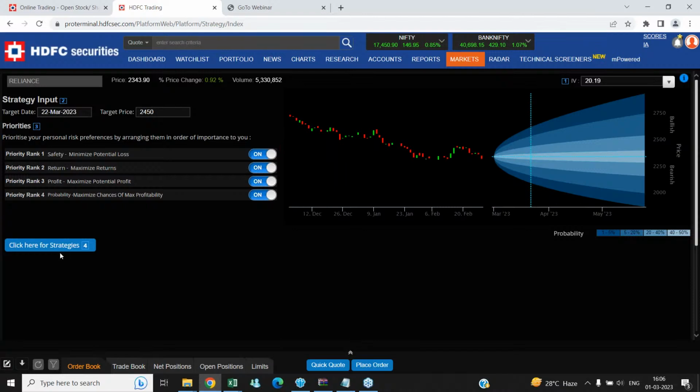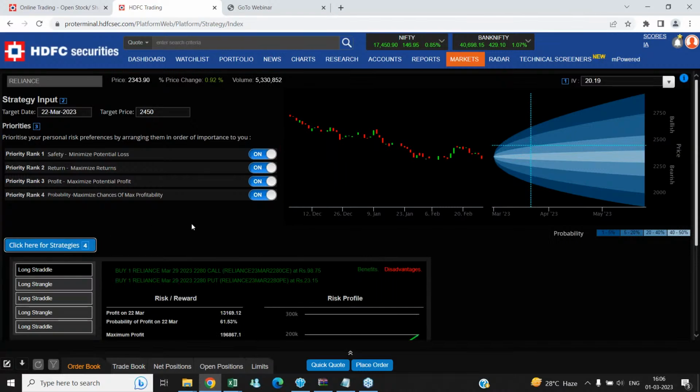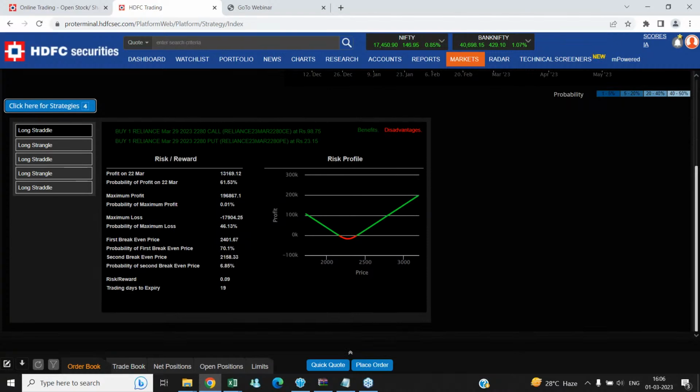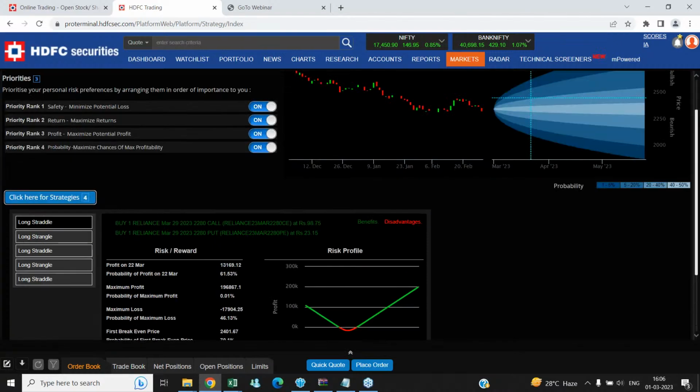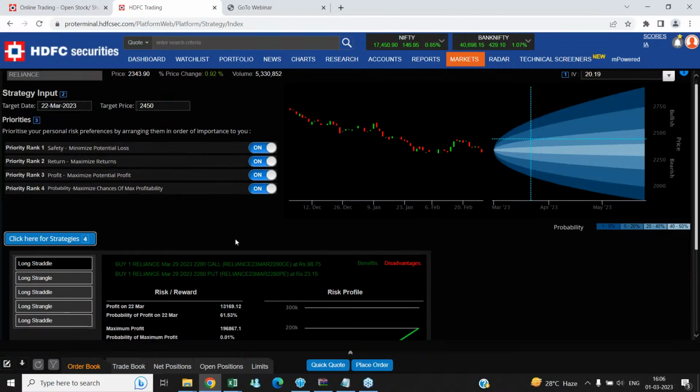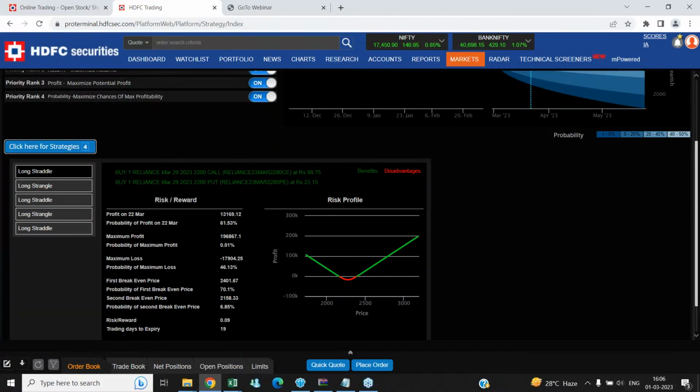Once I decide this and click on Strategies, it will automatically show what kind of strategies are suitable based upon the criteria and time frame I have defined. It will showcase some of the strategies to play in Reliance Industries.